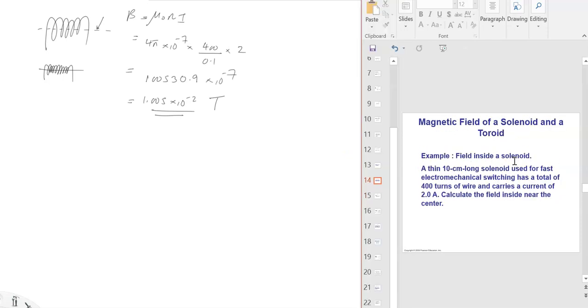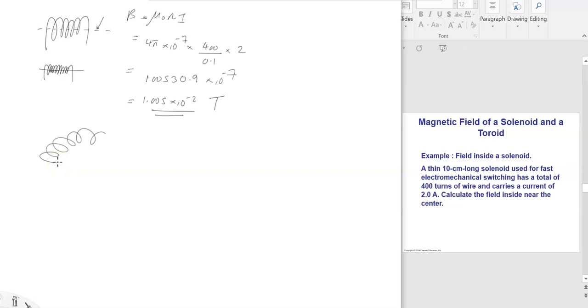Okay, so these kinds of things are called solenoids, right? A coil, or like a linear coil. Now, there's another application. You take the coil and you bend it into a circle. It's kind of difficult to draw unless you're good at drawing. This is called a toroid. Again, we're not going to get into calculations with toroids.